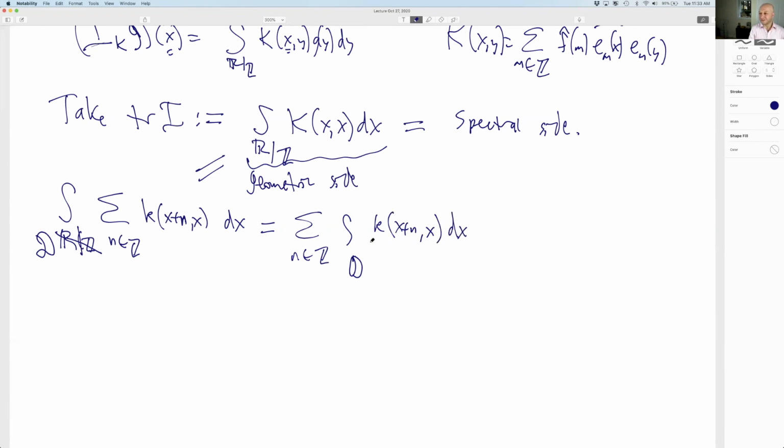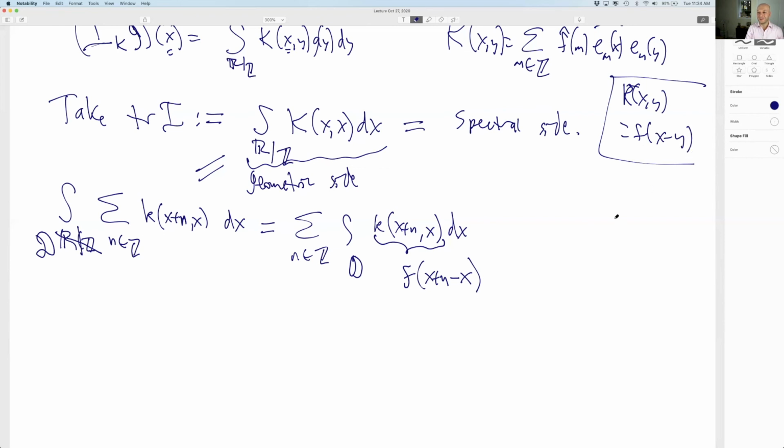But let's remember what k of x plus n is. It's f of x plus n minus x. Remember, this is using how we constructed the point pair invariant, which was f of x minus y.